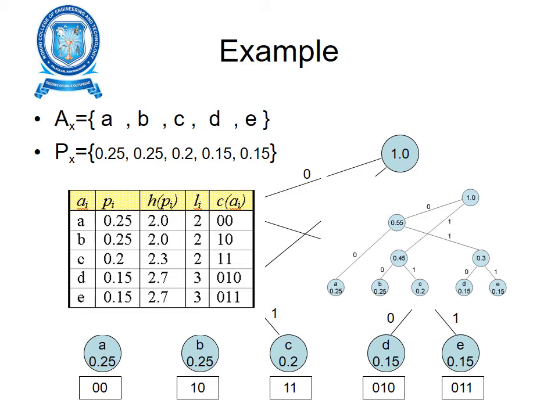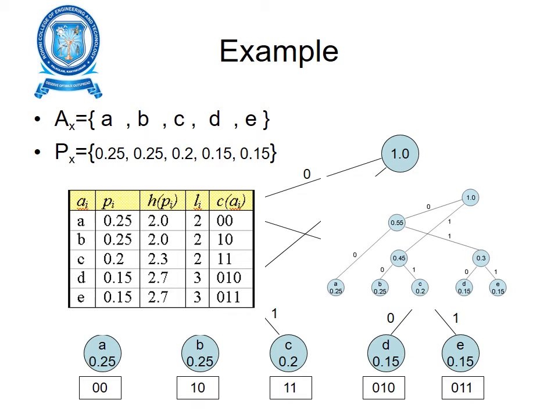Suppose AX is equal to A, B, C, D, E, these 5 variables, and the probability values are 0.25, 0.25, 0.2, 0.15 and 0.15. In the first column I take the variables, and in the second column I give the probability. h(pi) is obtained by taking the sum of the last two probabilities, that is 0.15 plus 0.15.